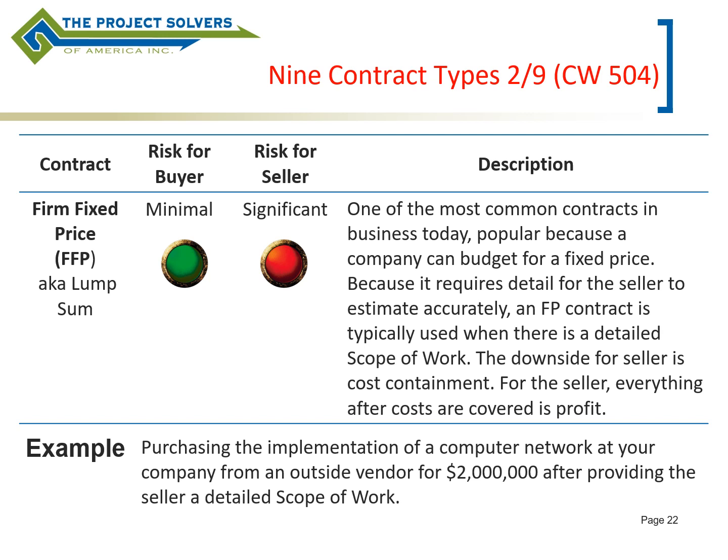An example is the purchase of a computer network from a vendor for $2 million after providing the seller a detailed scope of work. And that detailed scope of work is an important phrase because PMI would say that if you are able to provide a lot of details and information about exactly what it is you're looking for, then it's much easier for contractors to put a realistic bid on the project and then not lose their shirt afterwards because they didn't quite understand the entire scope of work.